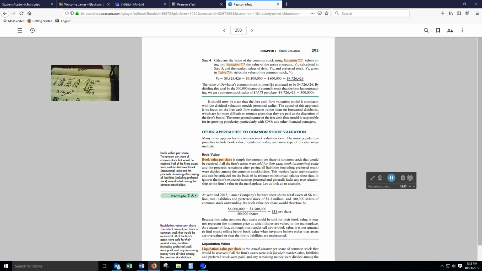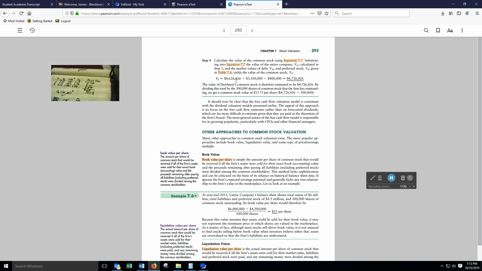So once we subtract out the value of the debt and the value of the preferred stock from the value of the company's assets, we get a common share value of $4,726,426. Now it looks like we're done, but we're not.